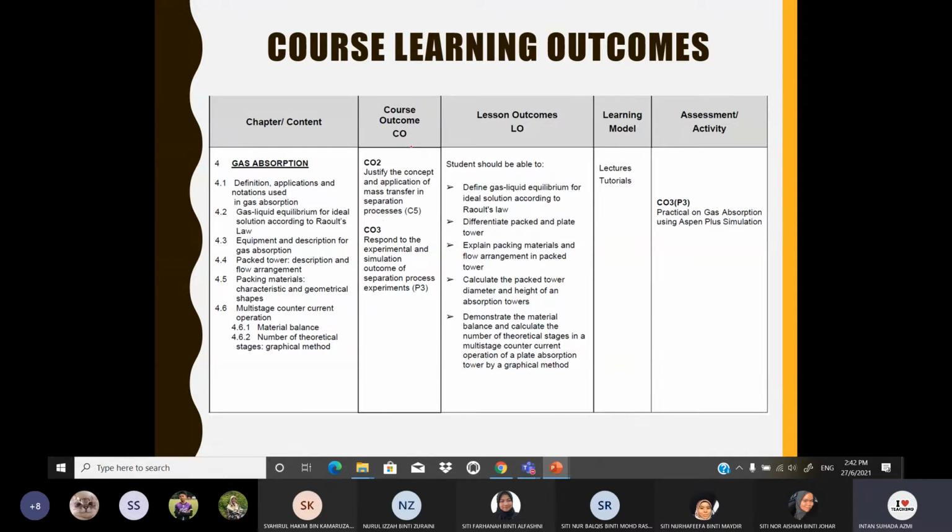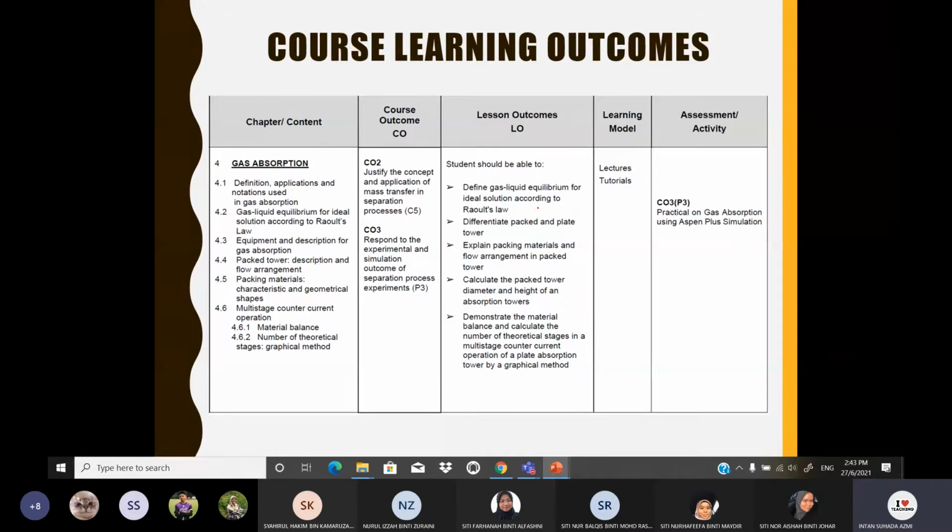This is the course outcome: you have to justify the concept and application of mass transfer in separation process. This one is regarding your Aspen Plus simulation, where you have to respond to the experimental and simulation outcome.